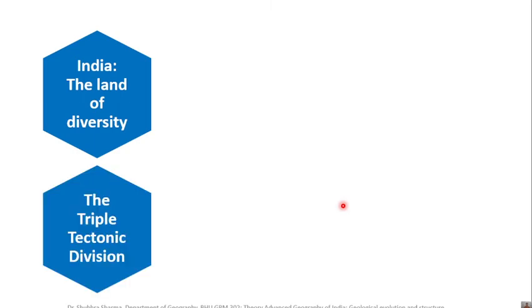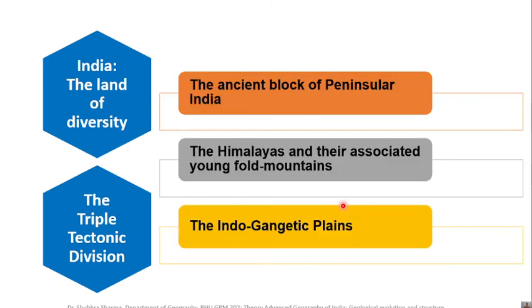So broadly, we can divide the geology into three tectonic divisions, also known as the triple tectonic division. What are those? Those are the ancient block of peninsular India, the Himalayas and the associated young fold mountains, and of course the Indo-Gangetic plain where Banaras, or BHU, is also located. So one by one, we'll discuss all these major tectonic divisions.